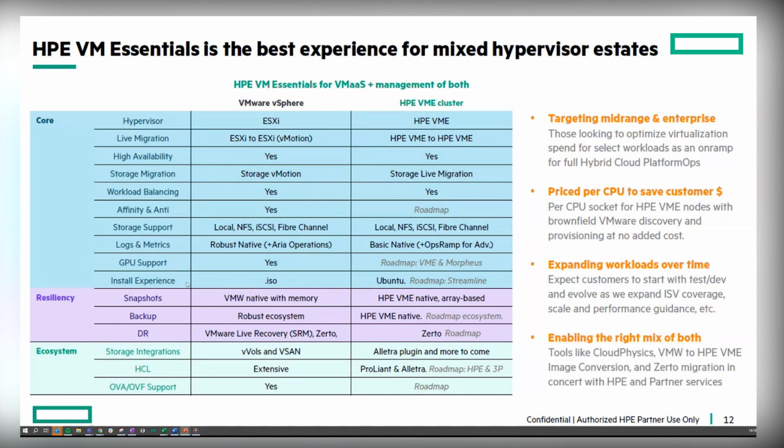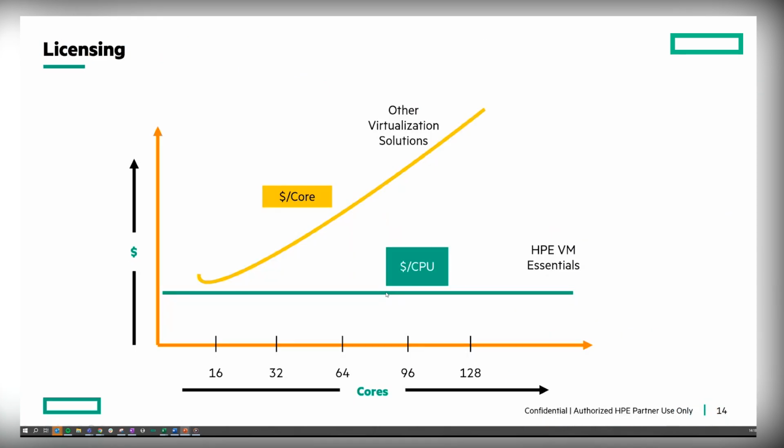I just want to focus as well on pricing. This is price per CPU compared to other offerings in the market which are priced per core. So moving on to the licensing model. We will have VM Essentials from a standalone perspective available on a 1-year, 3-year, and 5-year solution. That is available to quote and buy today.